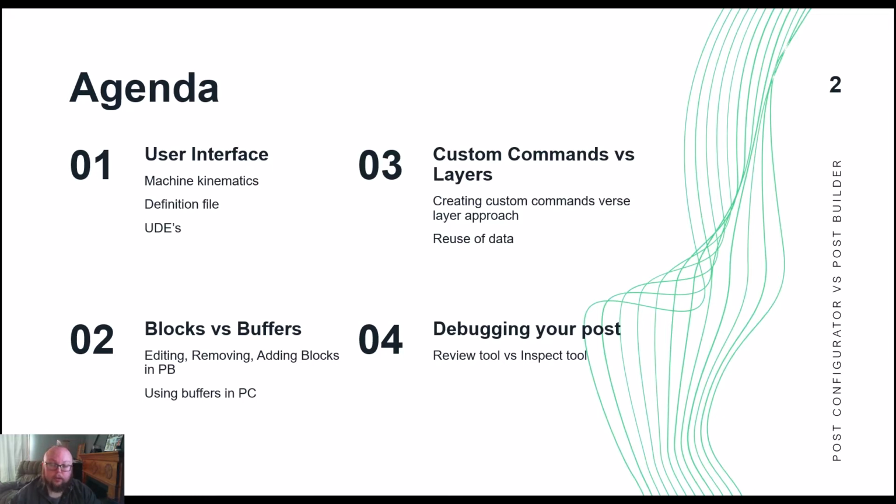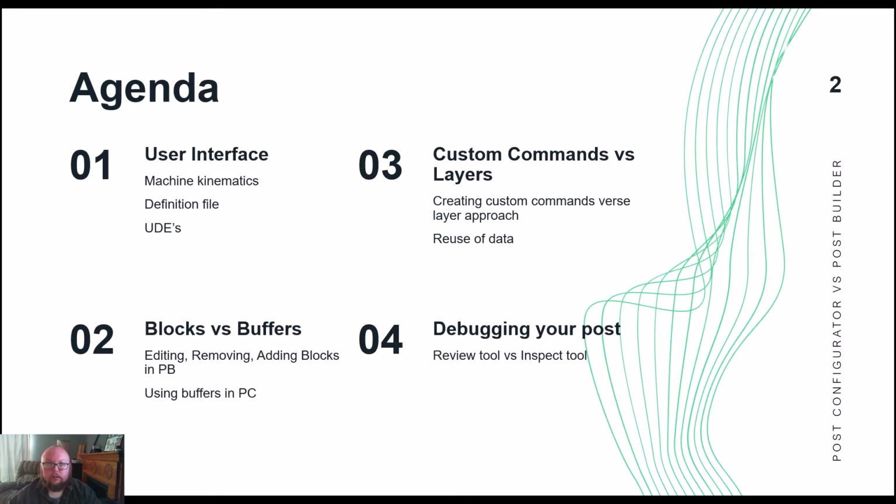And in Post Builder, of course, we have a UDE editor, and we have the same or a similar concept inside of Post Configurator. We'll then look at what I'm calling blocks versus buffers, but really the approach on how we change our output between the two software packages.